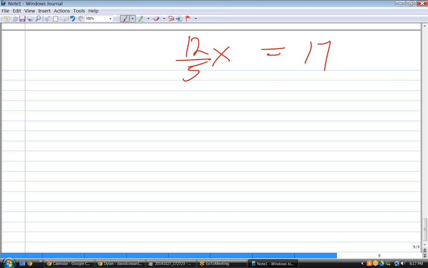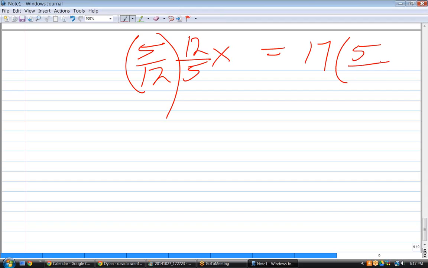The same switch means that instead of doing 2 steps, I'm going to multiply both sides by the reciprocal. In other words, if I multiply the left side by the reciprocal of this fraction, it'll get rid of it totally. The 12s will cancel, the 5s will cancel, and I'll end up with x. So now I have to do that to the other side.